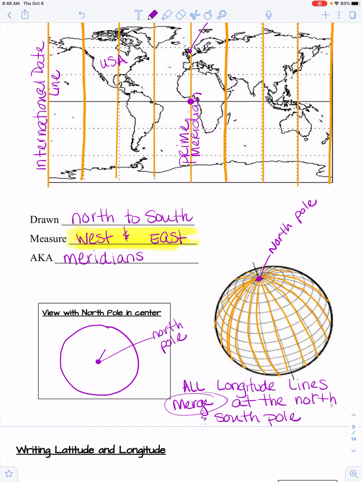It looks like spokes on a wheel. And then this outer bit would be my equator. So these views are really important to understand because you sometimes need to know what they look like from looking down.